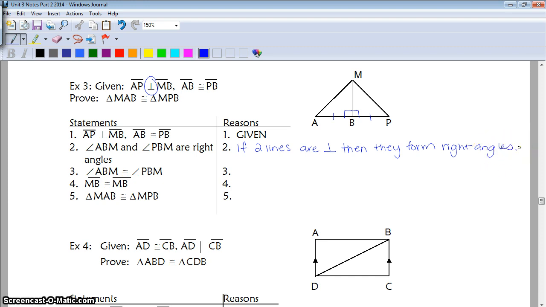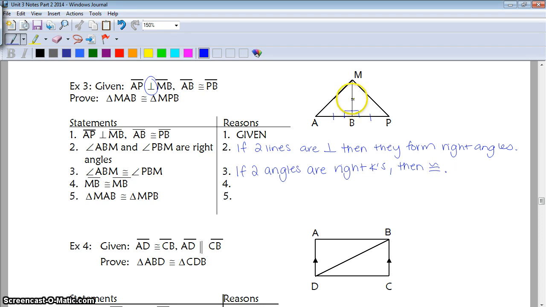We said they were right angles, well we know that right angles are congruent. They both equal 90 degrees. So your reason here is: if two angles are right angles, then they're congruent.